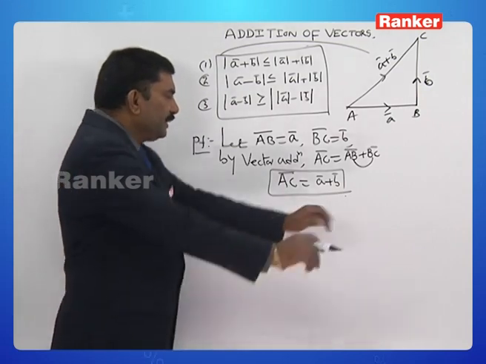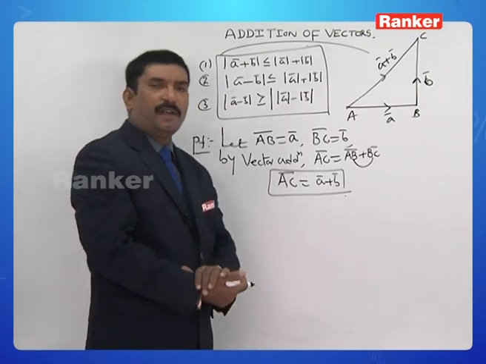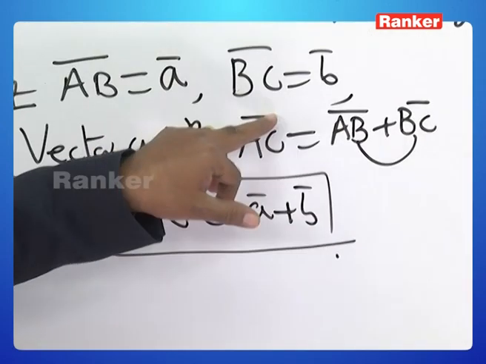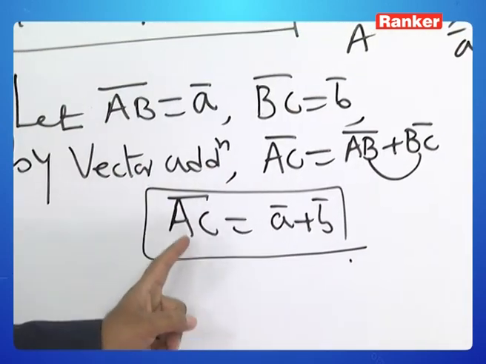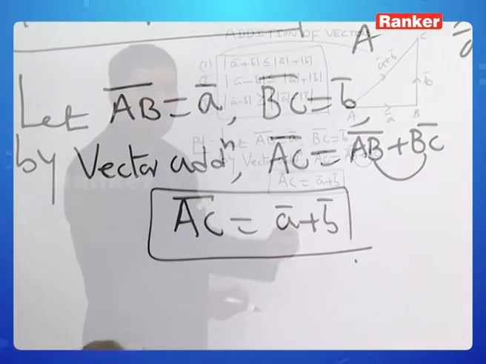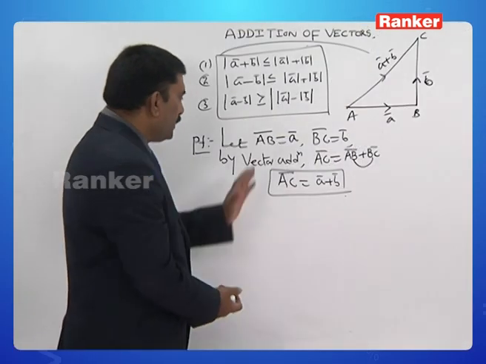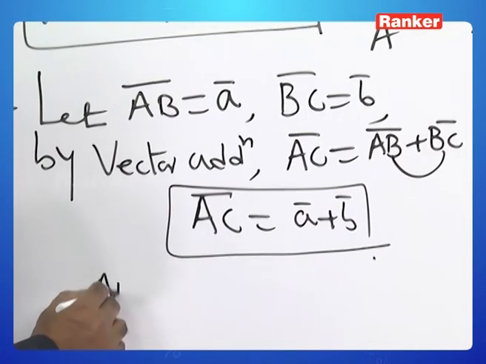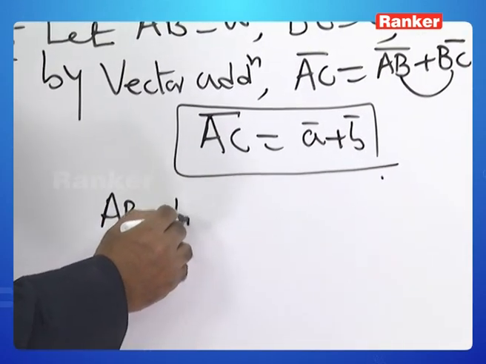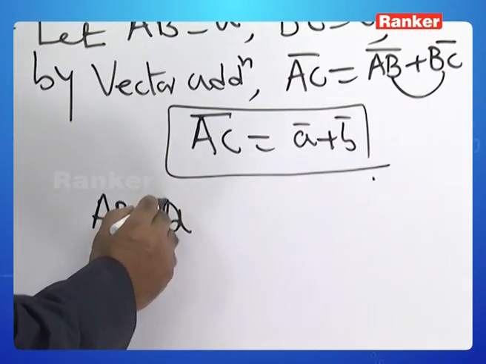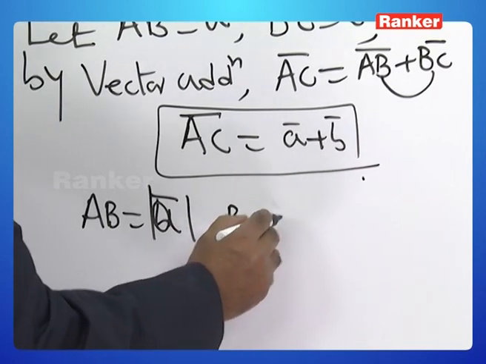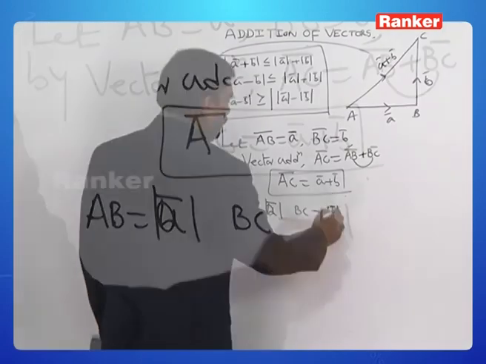Now, this is the vector treatment, addition of vectors. When AB bar is equal to A bar, BC bar is equal to B bar, and AC bar is equal to A bar plus B bar by definition. These are the directions of a vector. What about their magnitude? I can write AB is equal to modulus of A bar, and BC is equal to modulus of B bar.